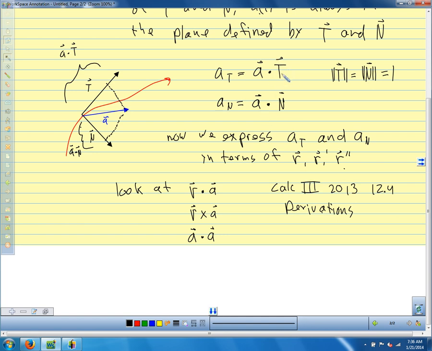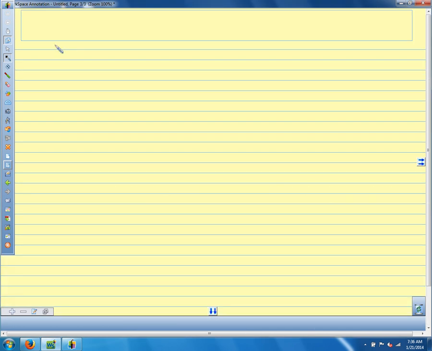So we don't have to deal with these unit normal and unit tangent vectors because we saw that those can be difficult to calculate sometimes. So we go through these, forming these products and simplifying them. Here are the results, the formulas that come out of those derivations.